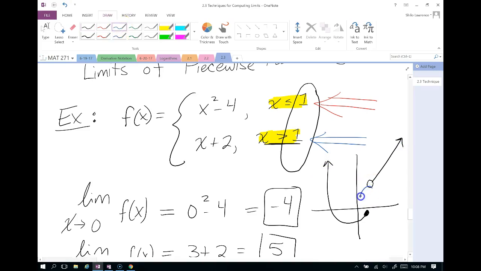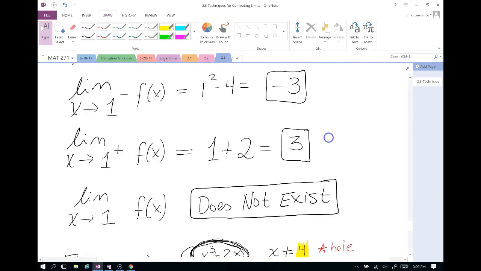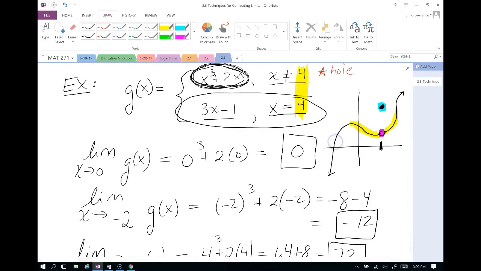And that's why we couldn't do the limit, because as we approach from the left, it looked like it was approaching one number. As we approach from the right, it looks like it's approaching a completely different number, a completely different y value. From the right, the y value is up here. From the left, the y value is down here, even though they both have the same x value. So that's why the limit on the first one did not exist, and the limit on the second one did.